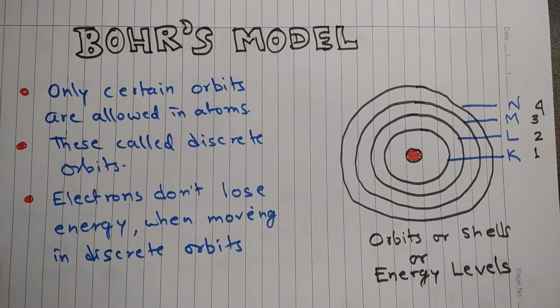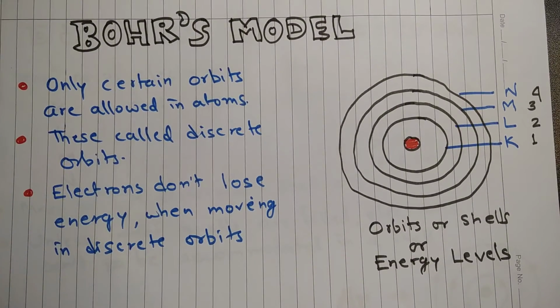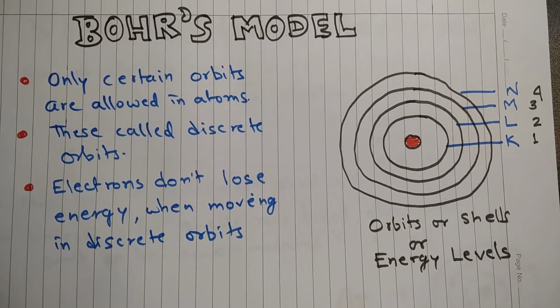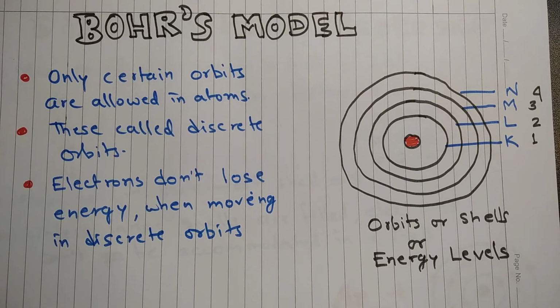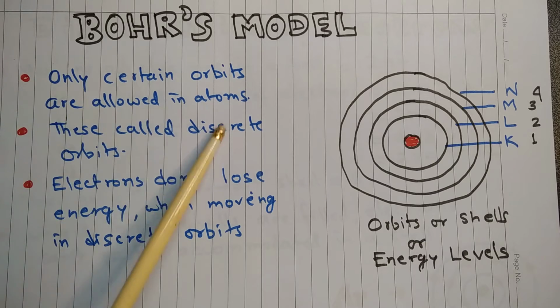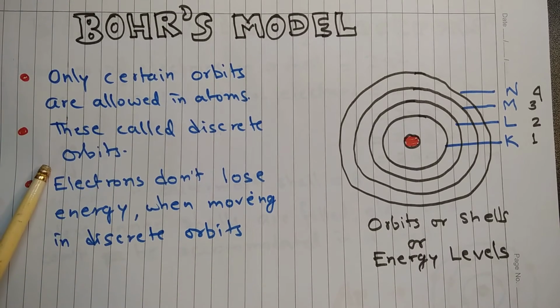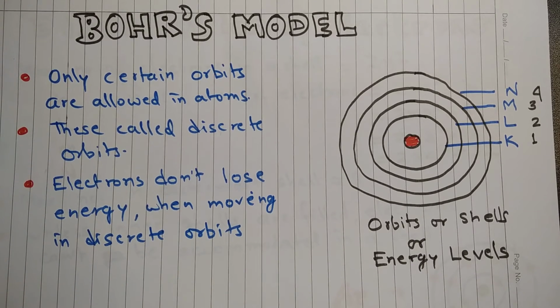The answer to this question came from another scientist named Niels Bohr. Niels Bohr said that only certain orbits are allowed in atoms, and these orbits are called discrete orbits, and electrons move in these discrete orbits, and while moving in them, electrons do not lose energy.